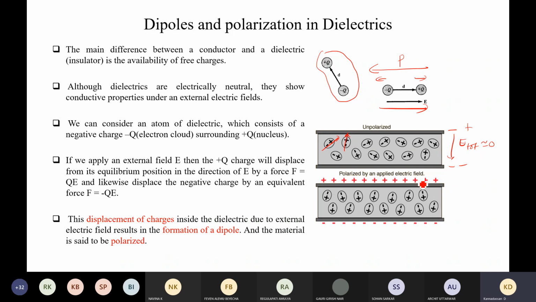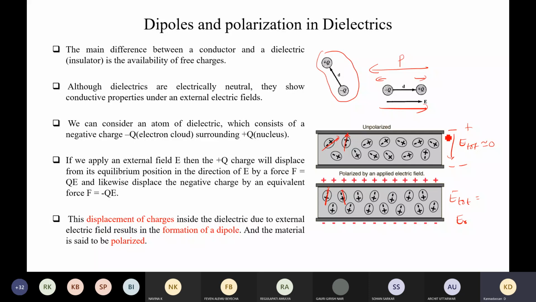But the moment you give the electric field, it will orient everything almost in the same direction. Therefore, E total is equal to the electric field which is already available, let's say E naught.